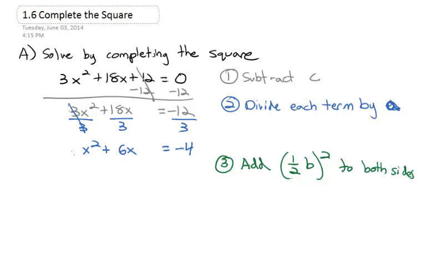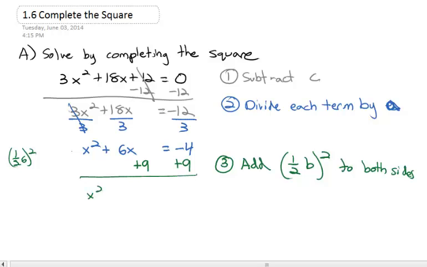So b here is 6, so half of 6 squared. Well, half of 6 is 3, and 3 squared is 9, so we're going to add 9 to both sides. And when we do, we get x squared plus 6x plus 9 equals 5.